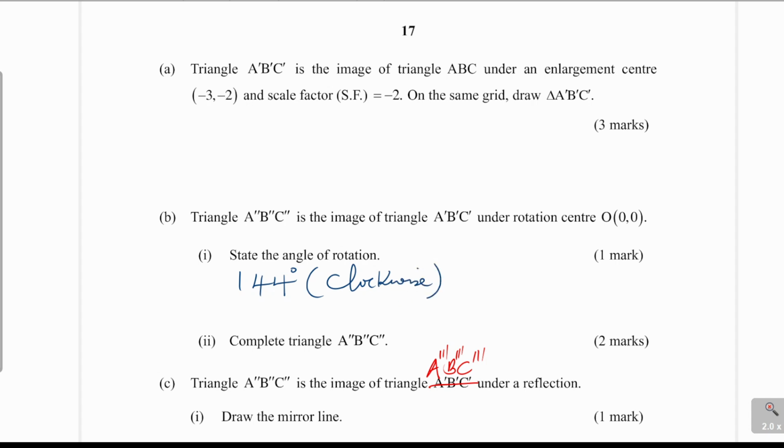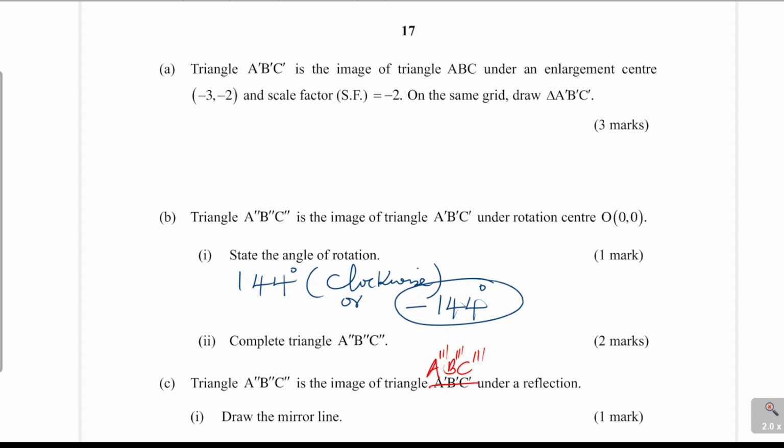So if you move this word here clockwise, you can also write it as negative 144 degrees. It still means the same thing. This negative implies that it is in the clockwise direction.